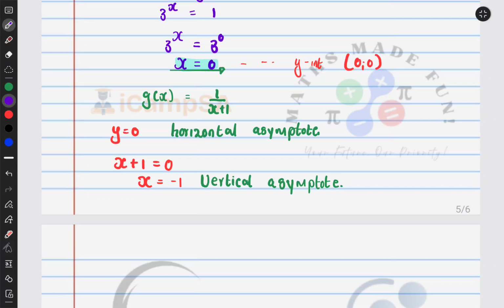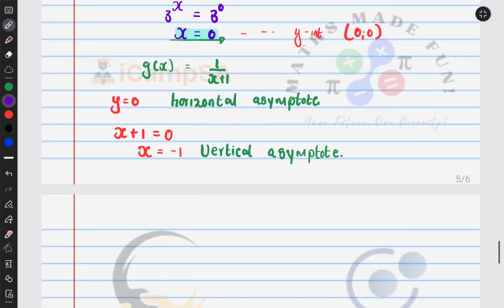Sorry, we're gonna have an x-intercept where y is equal to 0, because for the y-intercept where x is equal to 0, that's where we have the horizontal asymptote at y is equal to 0. In fact, let's just calculate this thing. Oh, we're not gonna have an x-intercept at y is equal to 0.